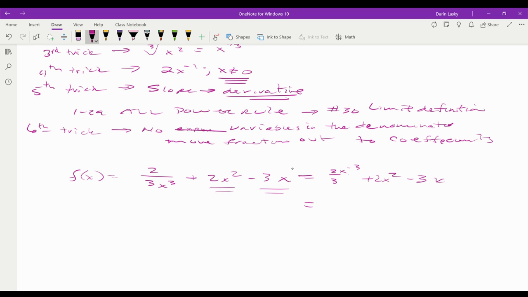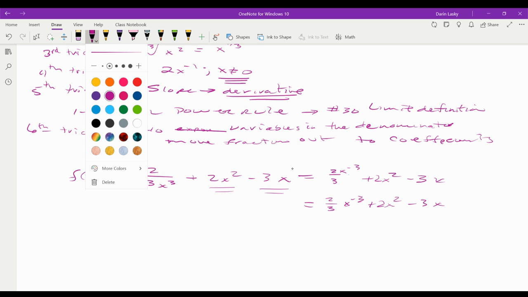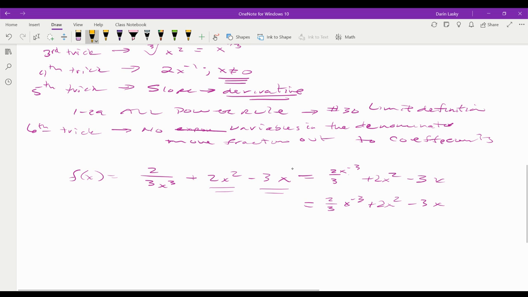Okay, now I'm going to take this fraction and I'm going to create a coefficient out front. So really what I get is 2 thirds times x to the negative 3 plus 2x squared minus 3x. And so I am going to find, off of that, my f prime. So my f prime of x is going to equal, we're going to multiply the power to the coefficient.